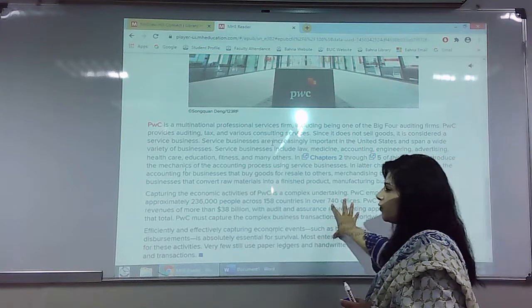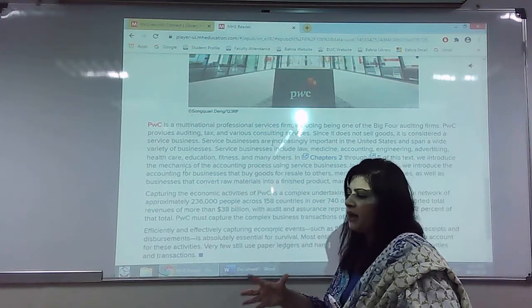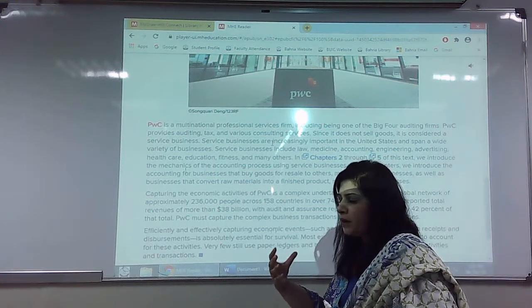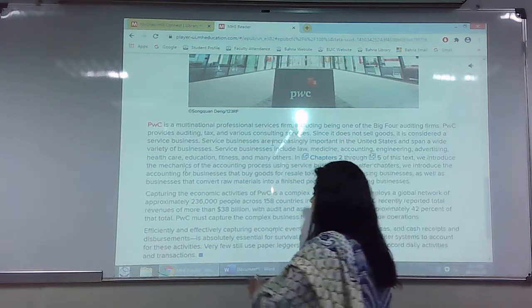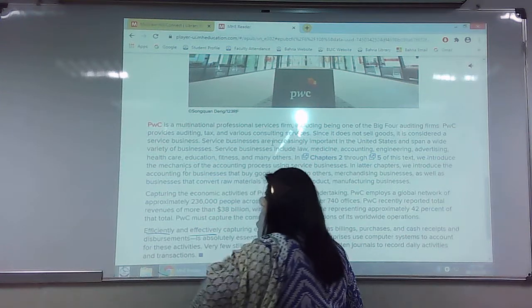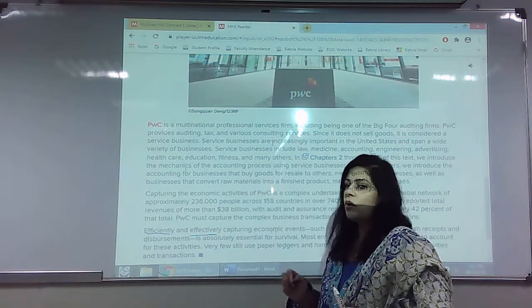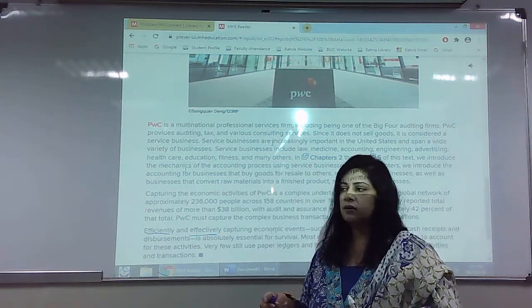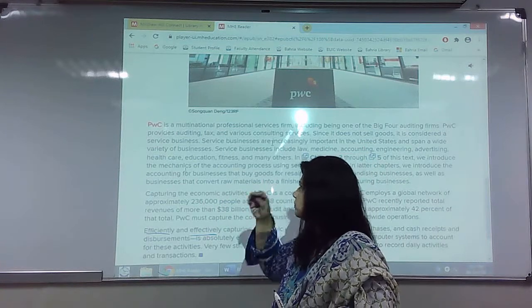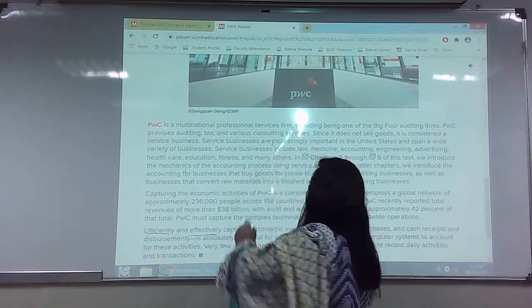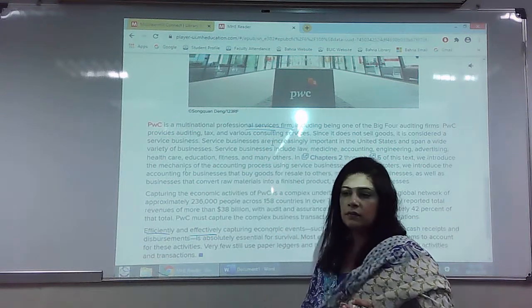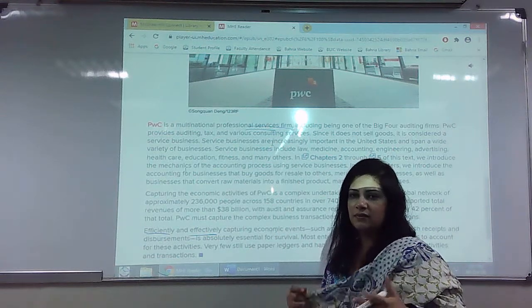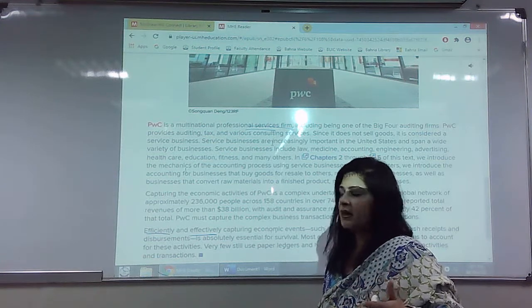The size of the firm is measured by how many partnerships it has in various countries, and you also need to see that it is efficient and effective. It's very important that the firm's reputation is good. Why do I say firm and not company? It's not a public listed company, it's a firm. Its shares are not available as with public listed companies.